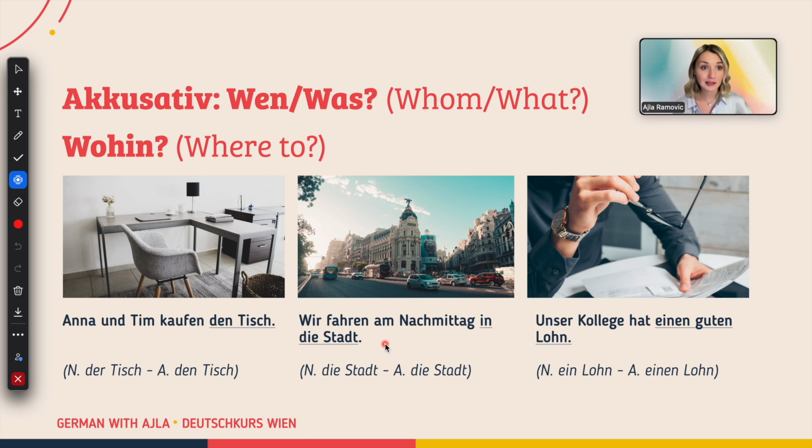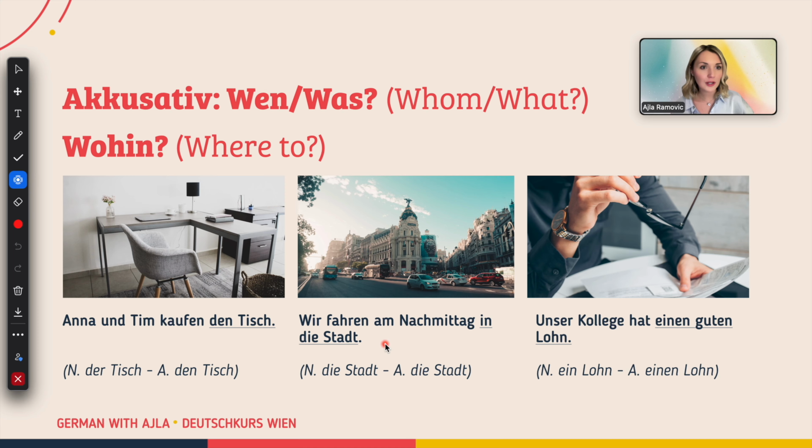And we can see this clearly in this sentence. Wir fahren am Nachmittag in die Stadt. We are driving to town in the afternoon. So where to? In die Stadt, to town, is answering the question wohin, where to.